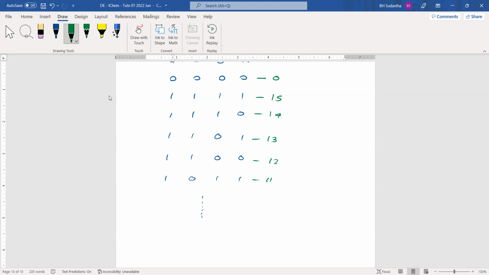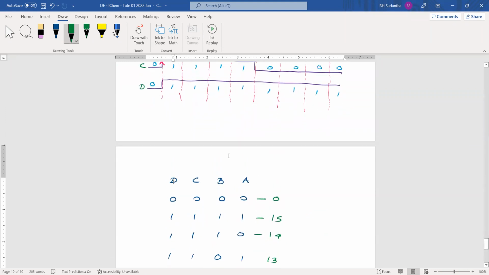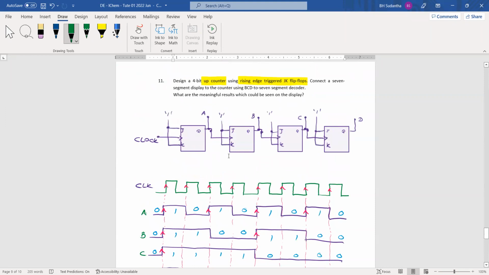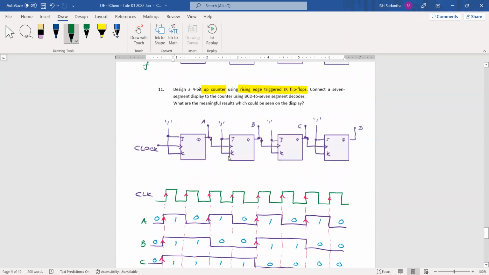Based on these values, you can say this is a down counter. Okay. According to the resultant values we are taking from A, B, C, D, the circuit is a down counter. But here we are asked to design an up counter.